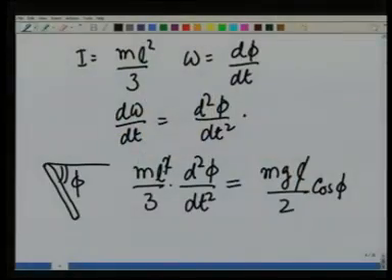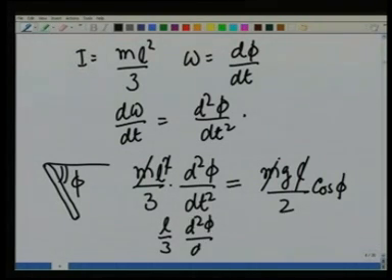L cancels, m cancels, and therefore, I get L over 3 d2 phi over dt square is equal to g over 2 cosine of phi.